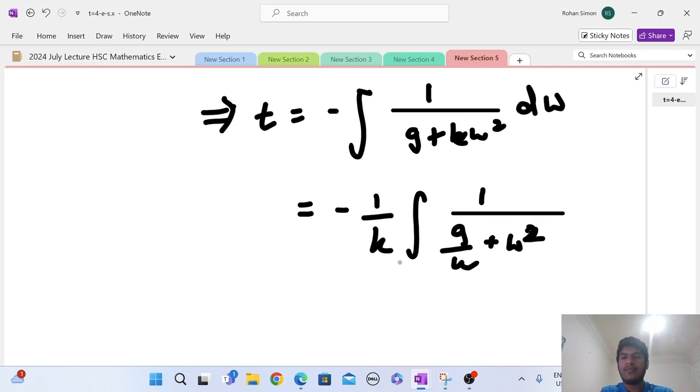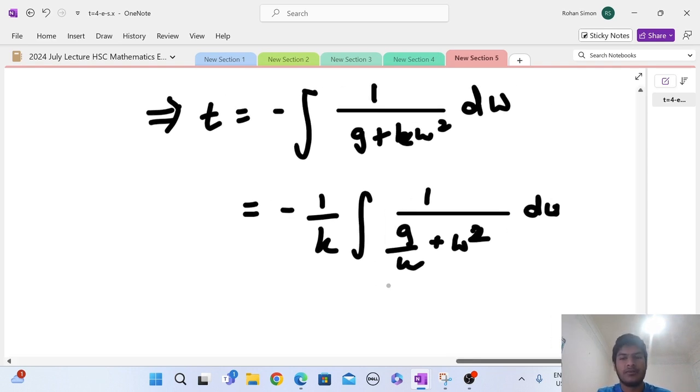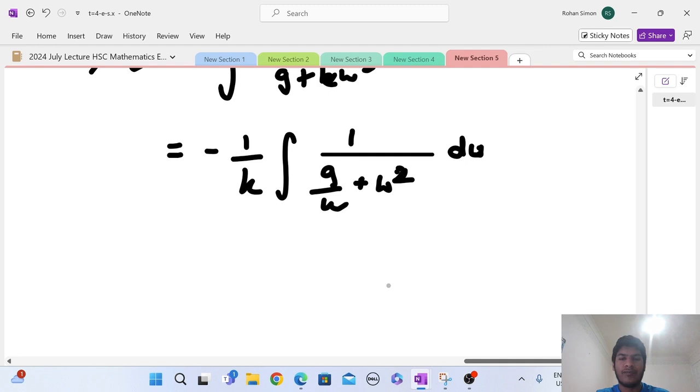Well, if we have something plus something squared in the denominator, that usually indicates we've got some sort of trig function, or inverse trig function. In this case, it's tan inverse, and so the thing inside the brackets for tan inverse must be the square root of g on k.